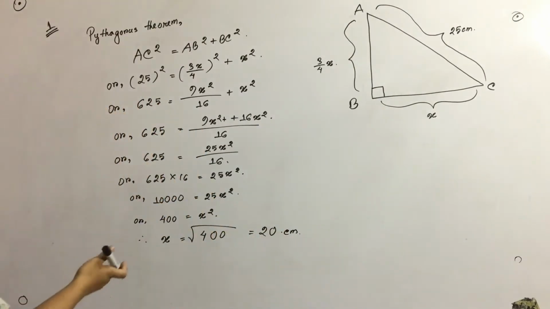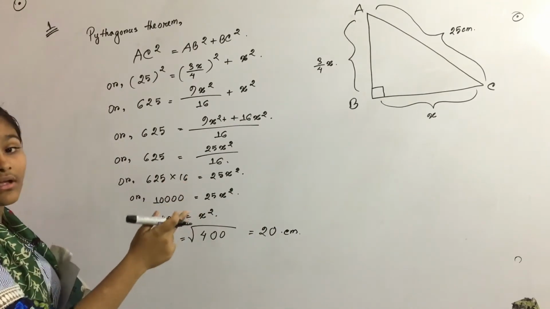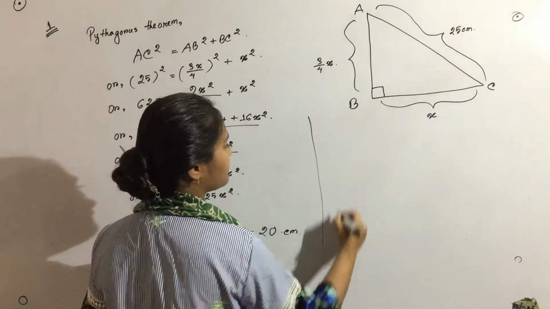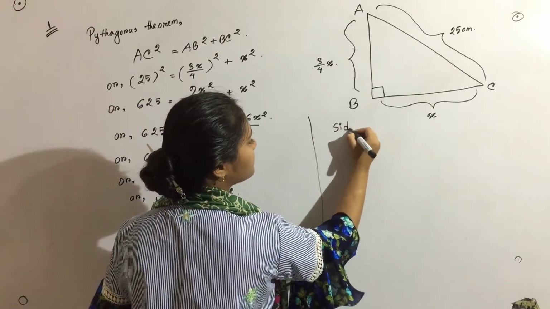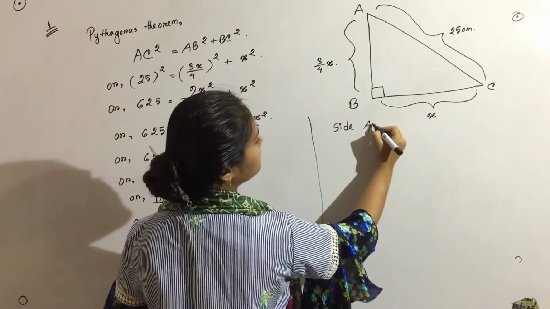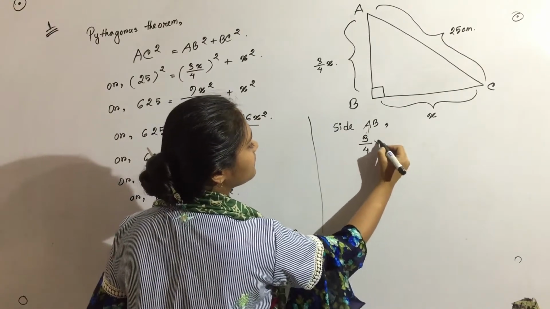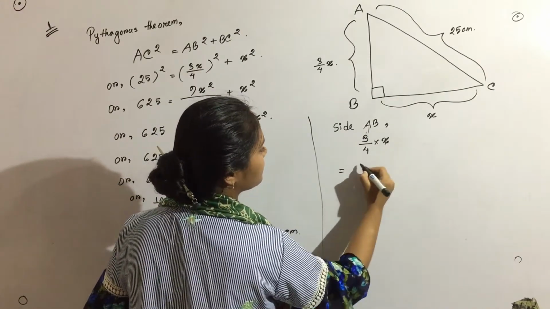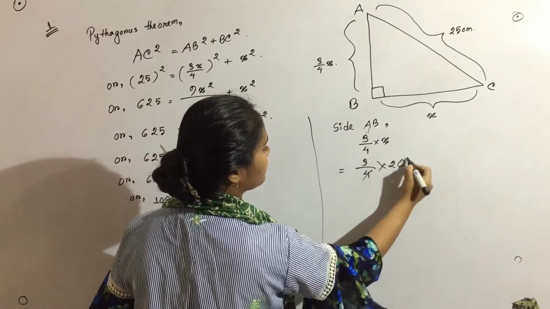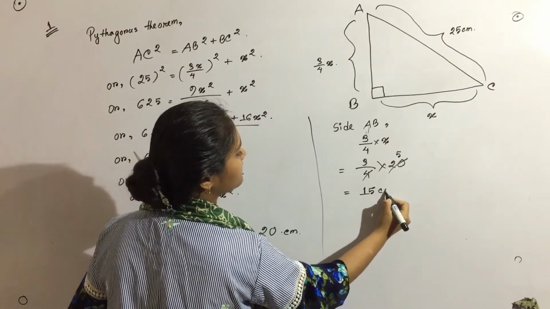Similarly, if x is 20 centimeter, then the side AB will be 3 by 4 of x, which equals 15 centimeter.